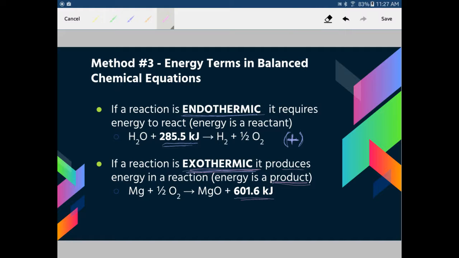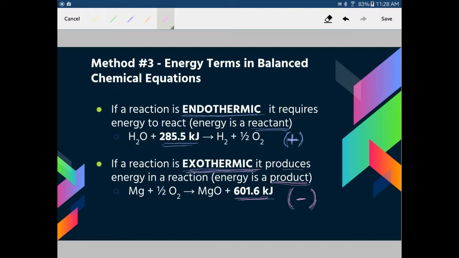Again, if we record an endothermic, we write the value as a reactant. If we look at an exothermic, we record it as a product. And again, this is a negative value. We see these values recorded as a negative enthalpy or a negative potential energy, because we are losing potential energy, but we have this much energy released as heat.